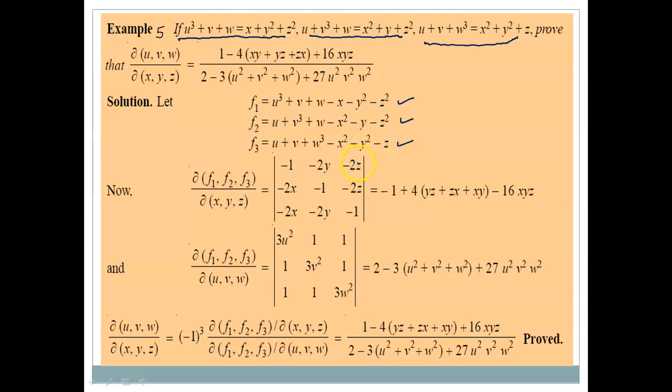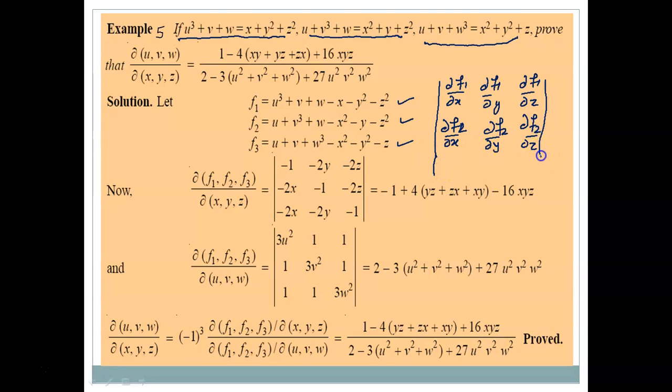As done in the case of two variables, first we shall find ∂(f1,f2,f3) with respect to x, y, z. The determinant for this case will be ∂f1/∂x, ∂f1/∂y, ∂f1/∂z. Similarly, for f2: ∂f2/∂x, ∂f2/∂y, ∂f2/∂z.